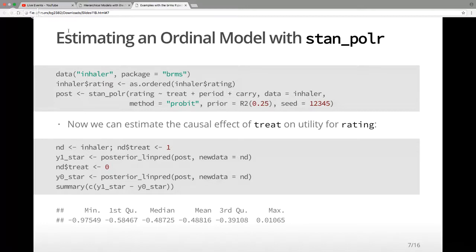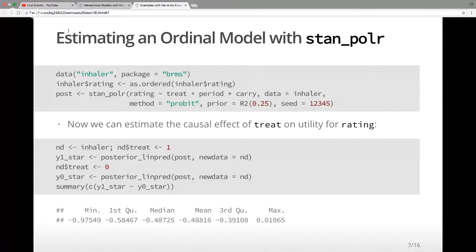So polr is kind of a misnomer. It does include the ability to estimate a proportional odds logistic regression, and that's certainly the thing that statisticians are most inclined to do, but it also estimates ordinal models that are not proportional odds, but nevertheless have this sort of single linear predictor.